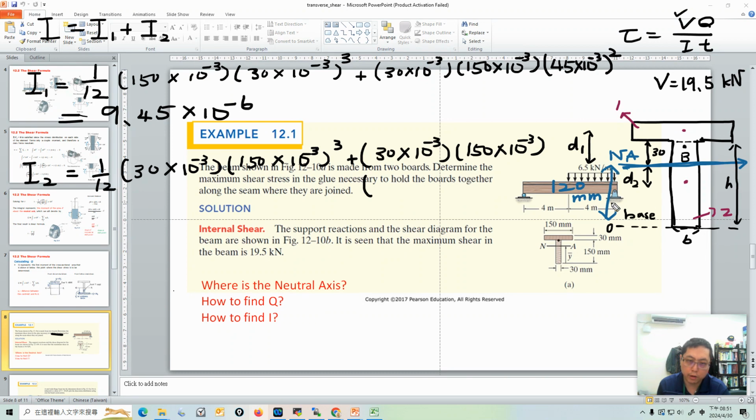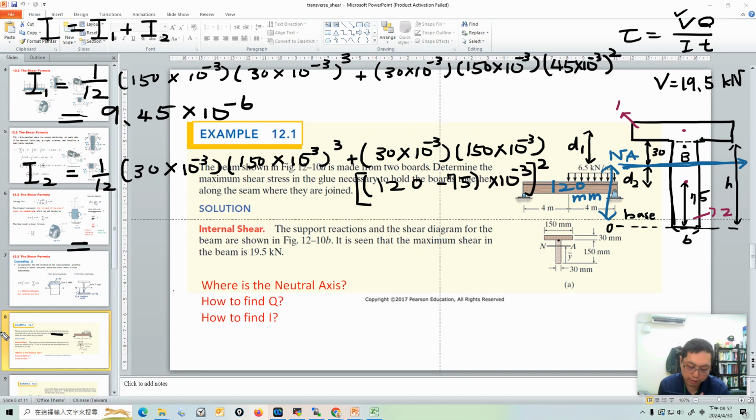Here is 120 and here is 75 because it is a centroid. So 120 minus 75, 10 times 10 to the power minus 3, squared, AD squared.